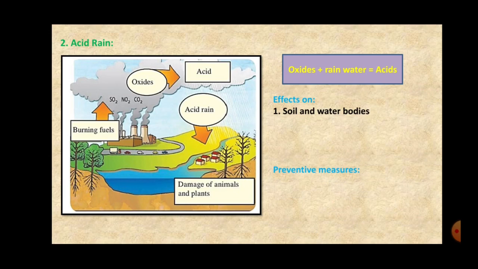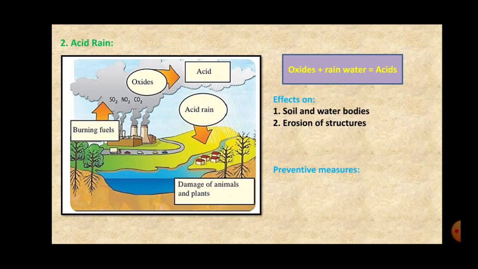Now what are the effects of this acid rain on different organisms? First one is the effect on soil and water bodies.